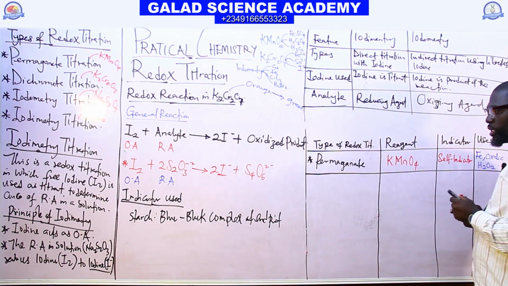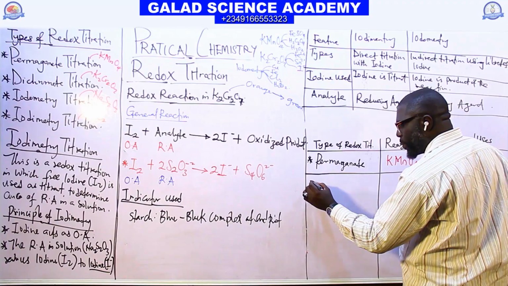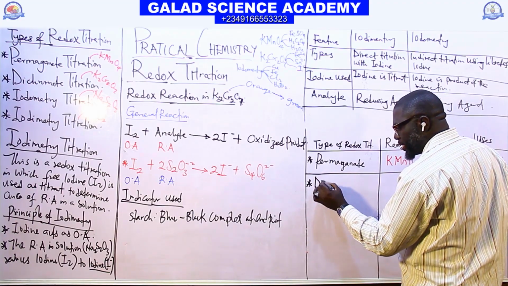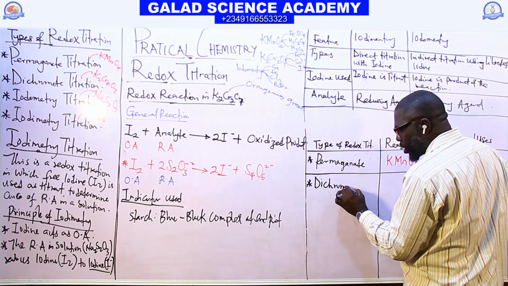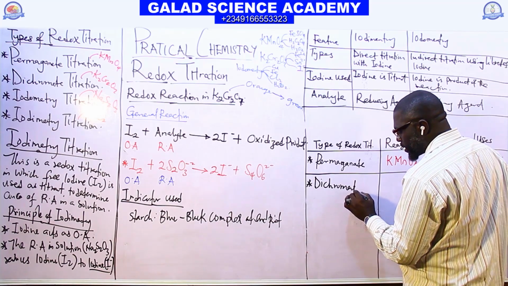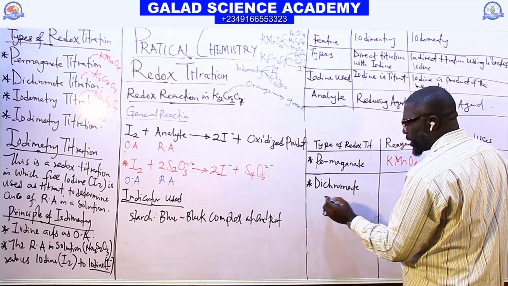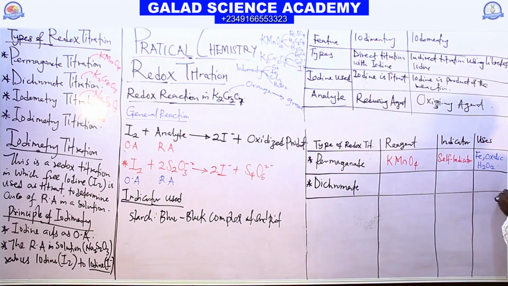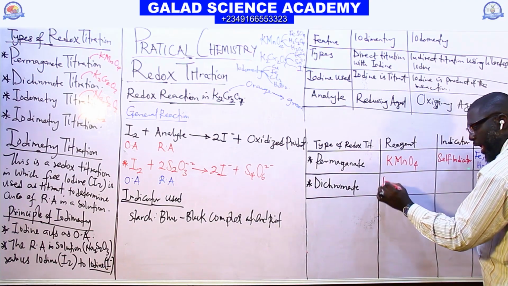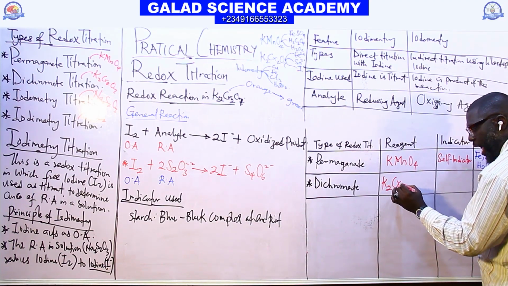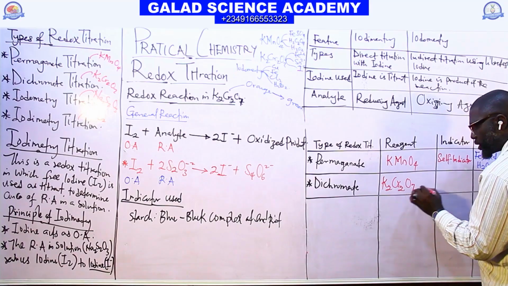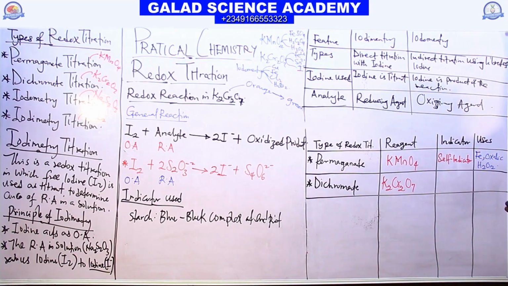The next one is dichromate titration. In dichromate titration, the reagent used here is K2Cr2O7.